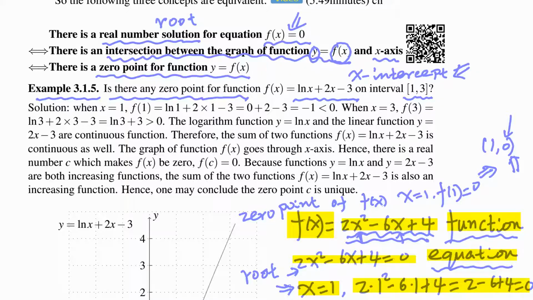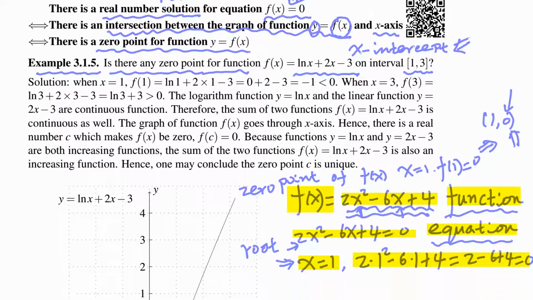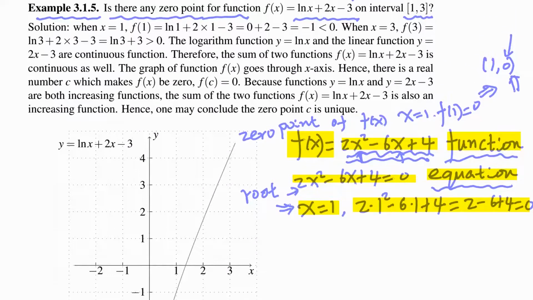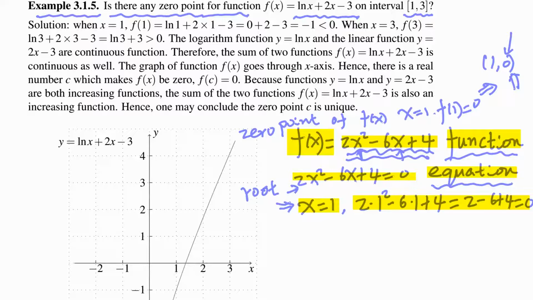Here is the way to do it. First, we consider the value when x equals 1.